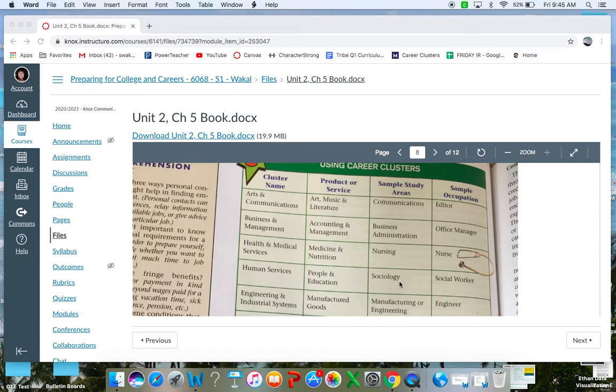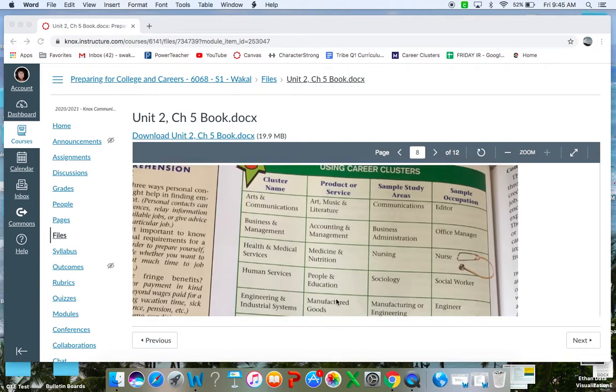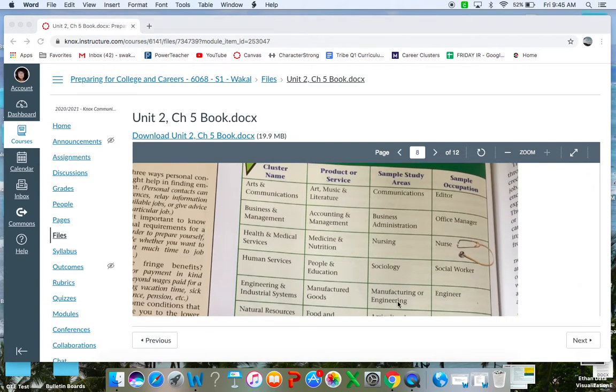Sociology would be an area of study, and a sample occupation would be a social worker. Cluster name, engineering and industrial systems. Manufactured goods is the product or service. Manufacturing or engineering is the study area for college or high school, or college and high school. And then a sample occupation is engineer.